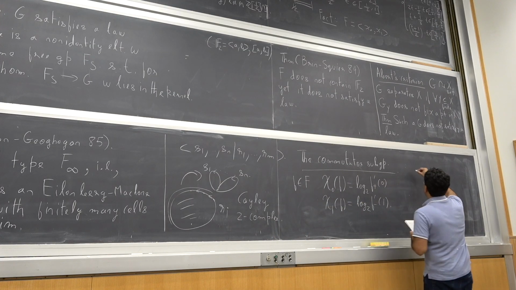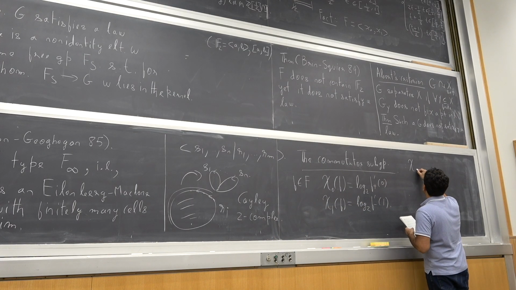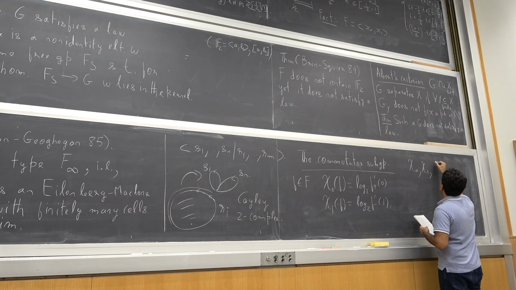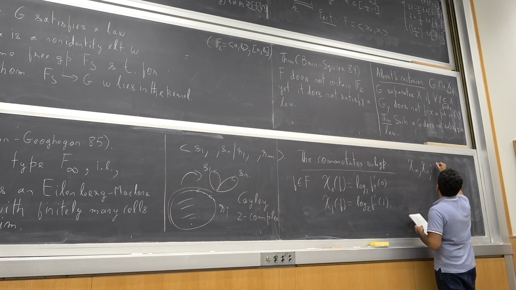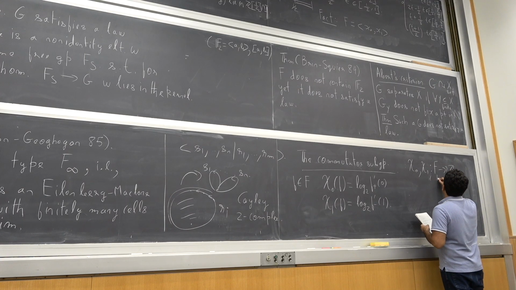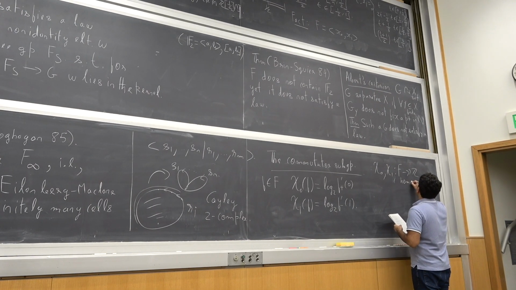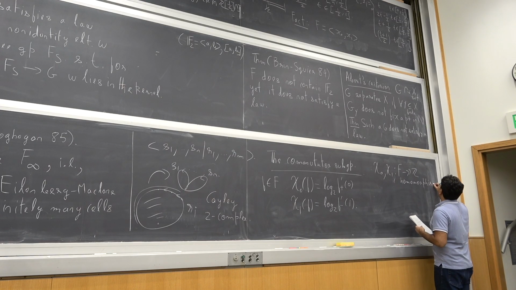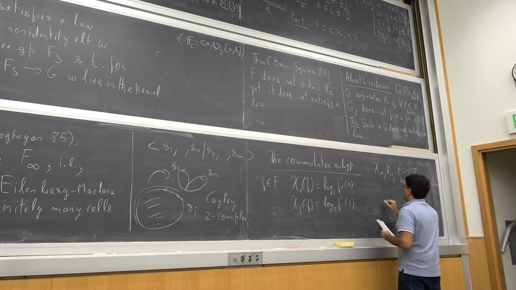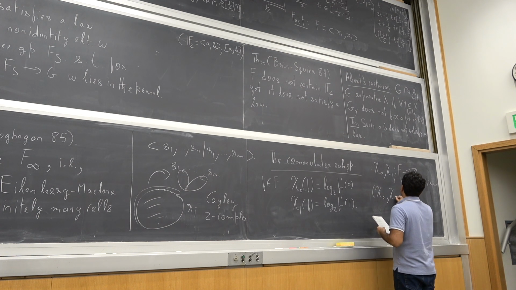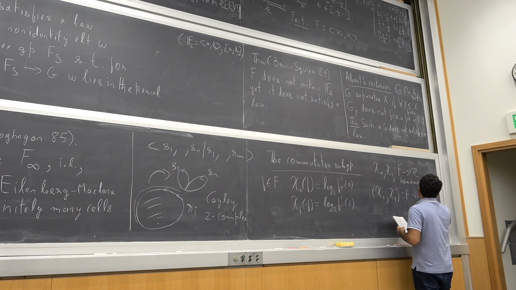These are going to be homomorphisms, separately and together as a pair. Separately they are homomorphisms from the group to Z, and as a pair they give you a homomorphism to Z squared, also surjective.